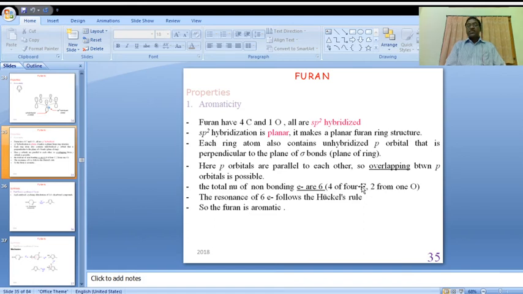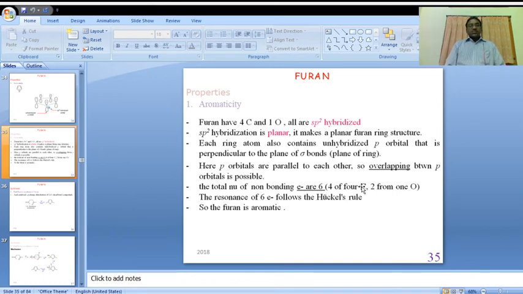Once again, 5 p orbitals participate in this overlapping to form a cyclic delocalized electron cloud called the aromatic sextet. Due to this, the resonance of 6 electrons follows the Huckel rule.